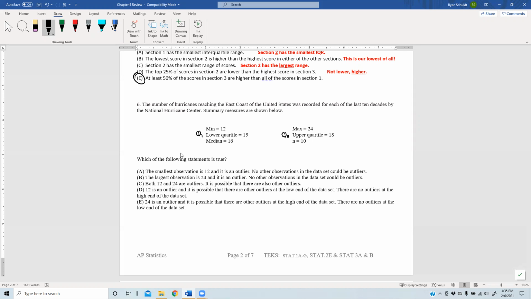Which of the following is a true statement? A, the smallest outlier is 12, and it is an outlier. No other observations in the data set could be outliers.